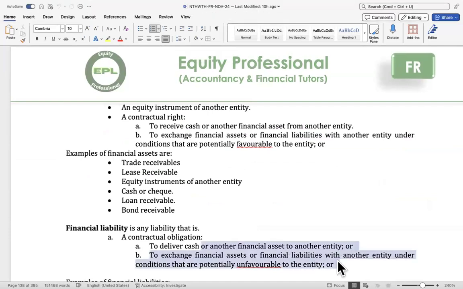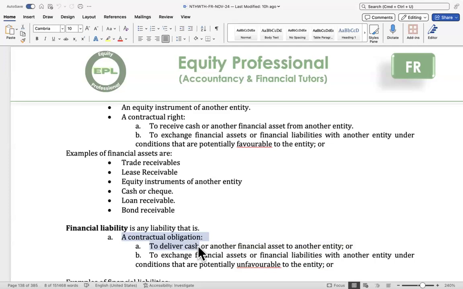Otherwise, it's a long thing for us. We will not leave here till tomorrow. So let's focus on obligation to deliver cash alone. The agreement for a financial liability is not the delivery of goods and services. For us to recognize a contractual obligation as a financial liability, it has to do with debt, loans, and agreements like that, not the delivery of goods and services. So it is not a financial liability.